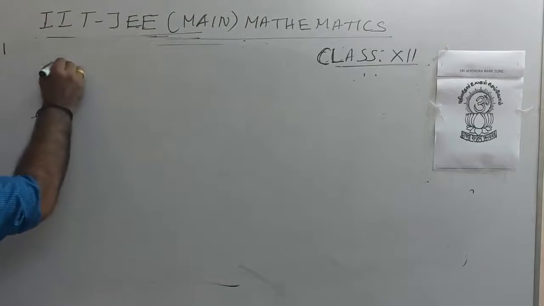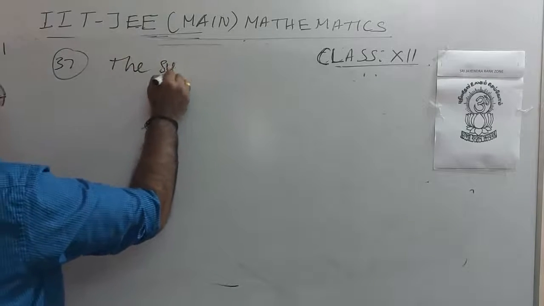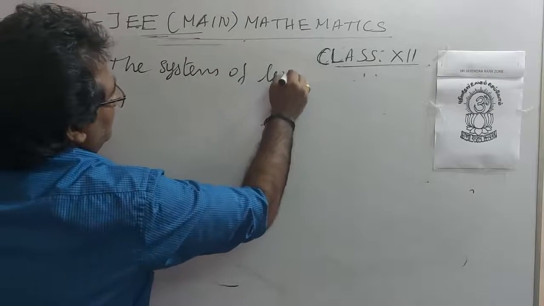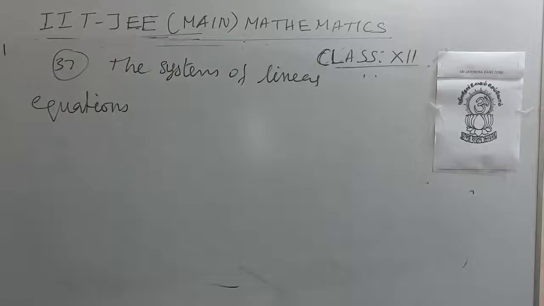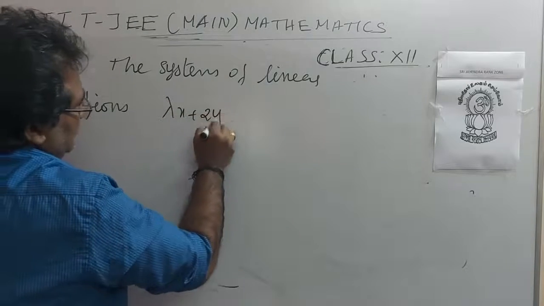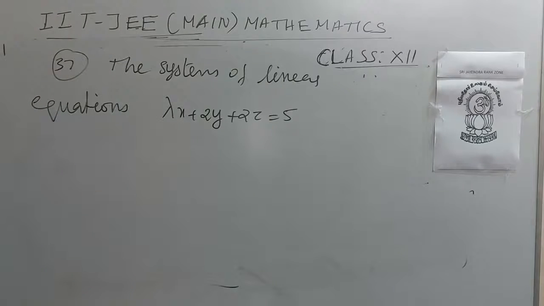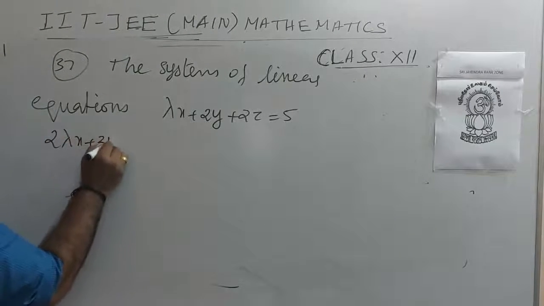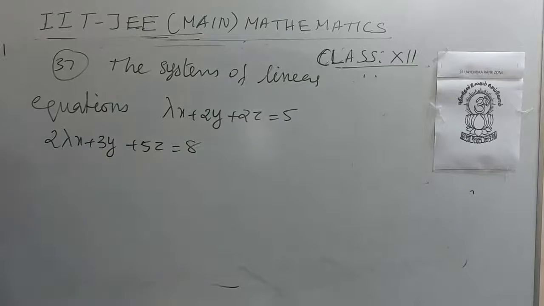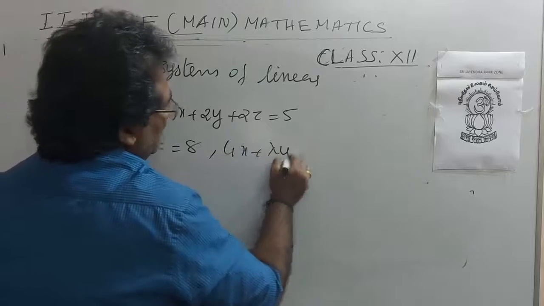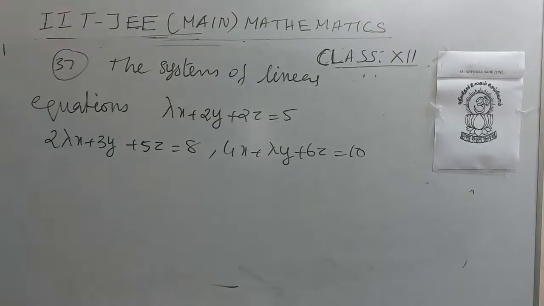37. The system of linear equations lambda x plus 2y plus 2z equal to 5, 2 lambda x plus 3y plus 5z equal to 8, 4x plus lambda y plus 6z is equal to 10.